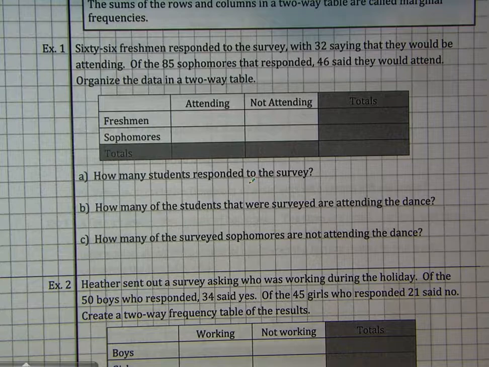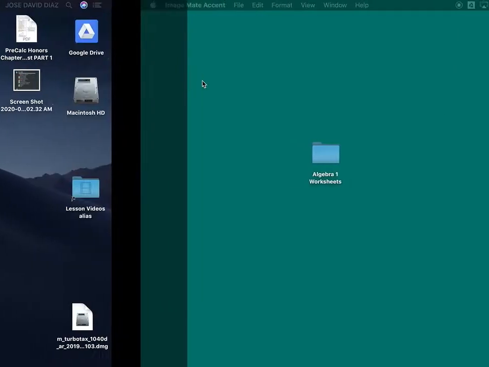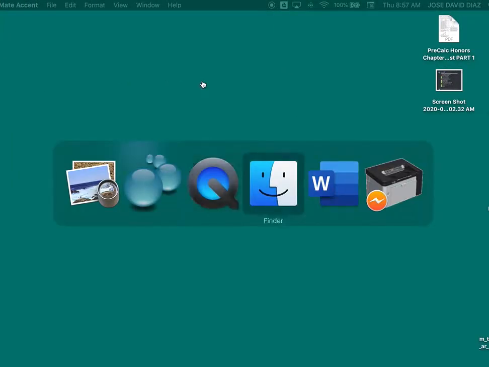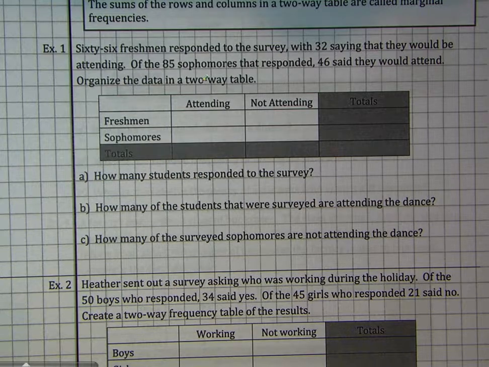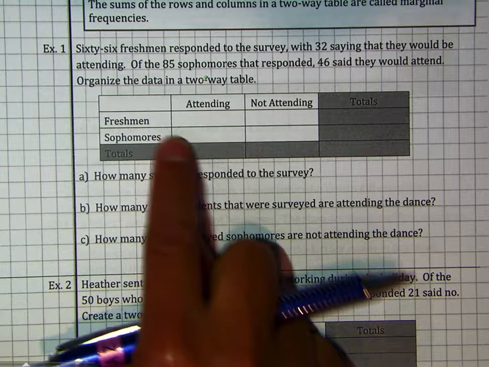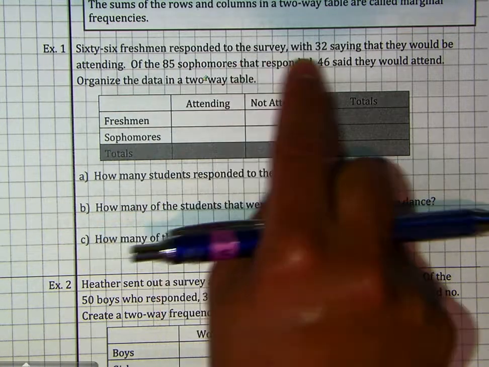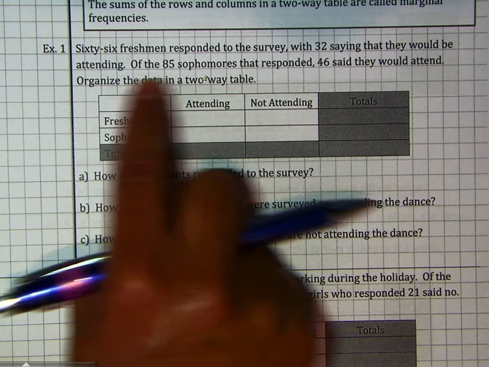One of the things you have to be careful with is reading the problem carefully, and then we can fill in the table. 66 freshmen responded to the survey, with 32 saying that they will be attending.